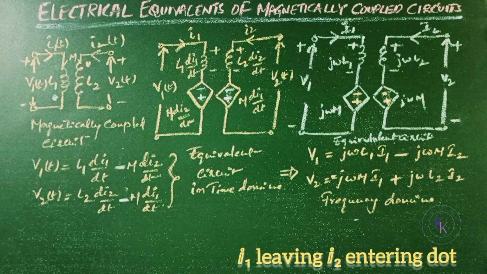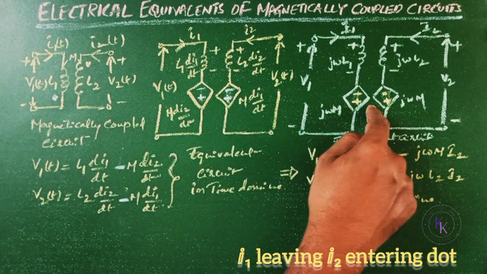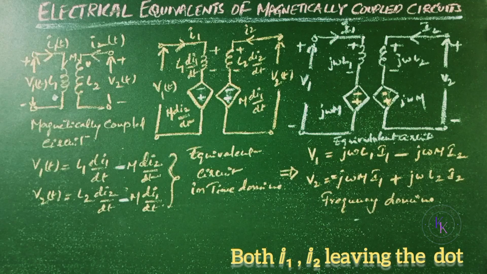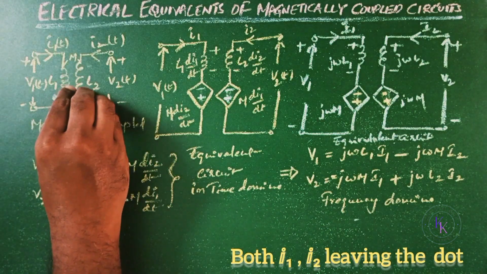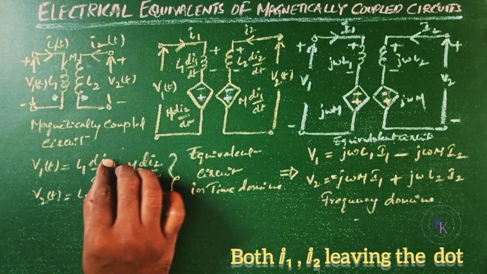As the dot is shifted from this point to this point, the mutual flux term becomes negative and the polarities also change. Now, if this dot is also shifted to this point, then both I1 and I2 are leaving the dots. So from the dot convention, the mutual flux will become positive.